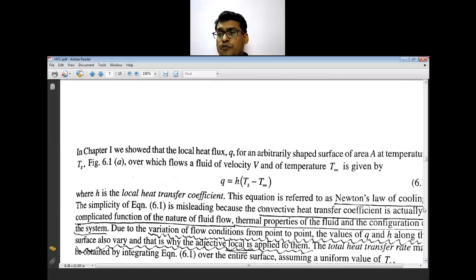Then the local heat transfer coefficient is also one of the important factors to be taken into account. Now here H is the local heat transfer coefficient. This equation is nothing but Newton's law of cooling.